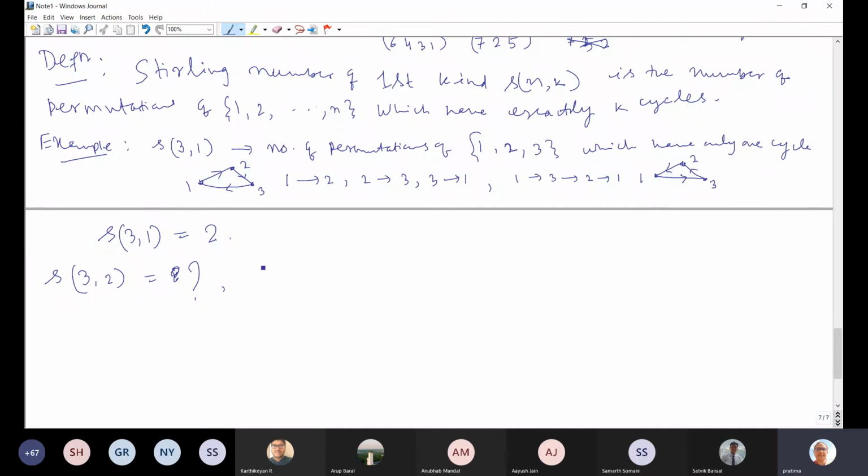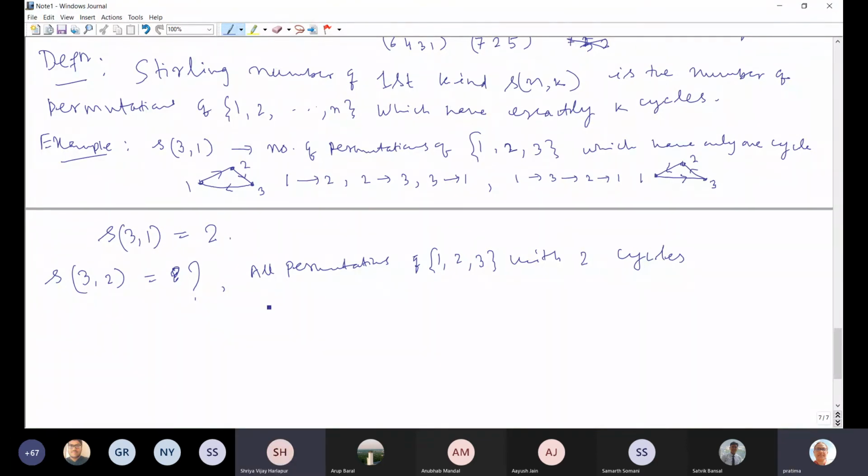This is permutations of 1, 2, 3 that have 2 cycles. That should have 2 cycles. So 3 numbers, how can you divide into 2 cycles?